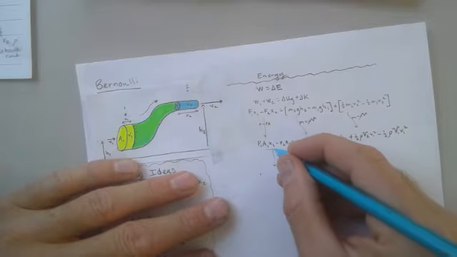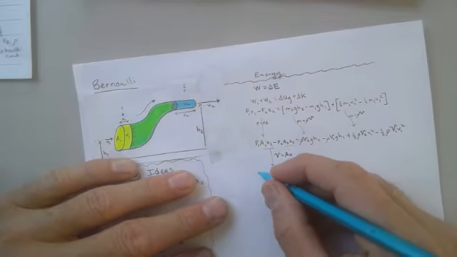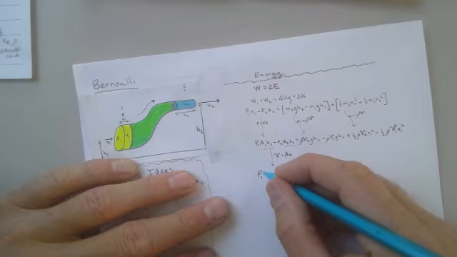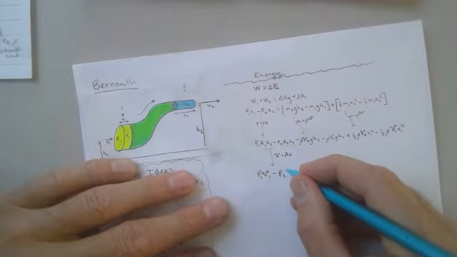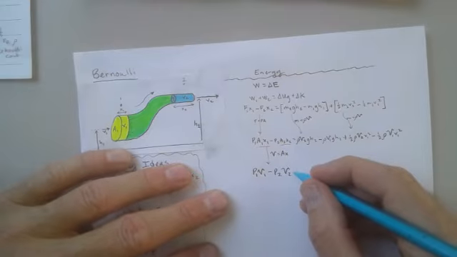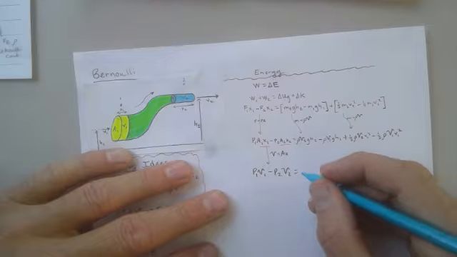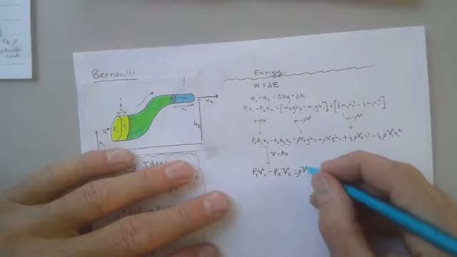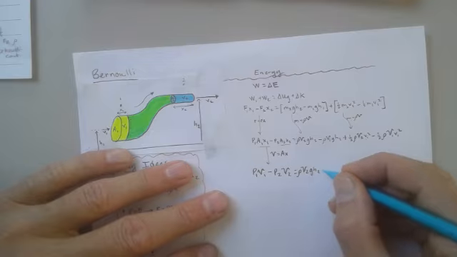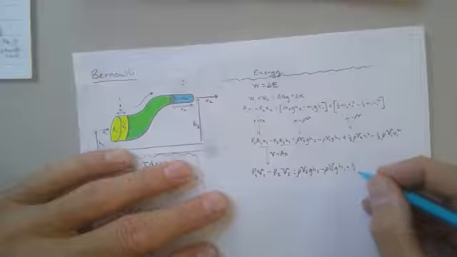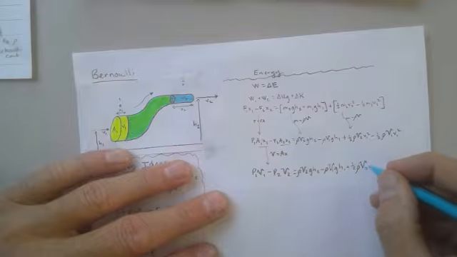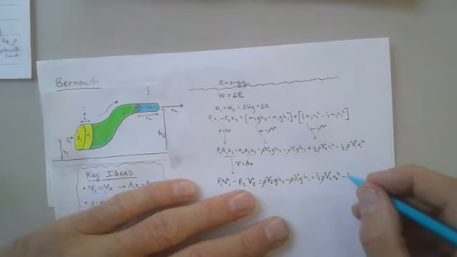This part is what I'm substituting out here: P1 V1 minus P2 V2 is equal to rho V2 g h2, minus rho V1 g h1, plus 1/2 rho V2 speed 2 squared minus 1/2 rho V1 speed 1 squared.